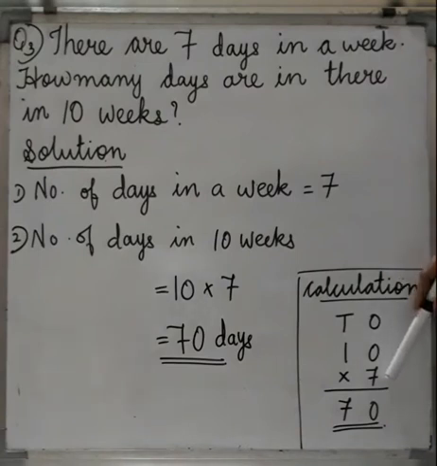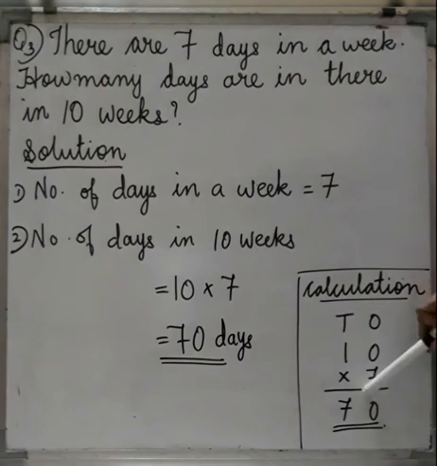And we are going to start multiplying these numbers. 7 zeros are 0. So write 0 under ones place. Now we are going to multiply this 7 with this 1. 7 ones are 7. Write that 7 in tens place because its place value is tens.